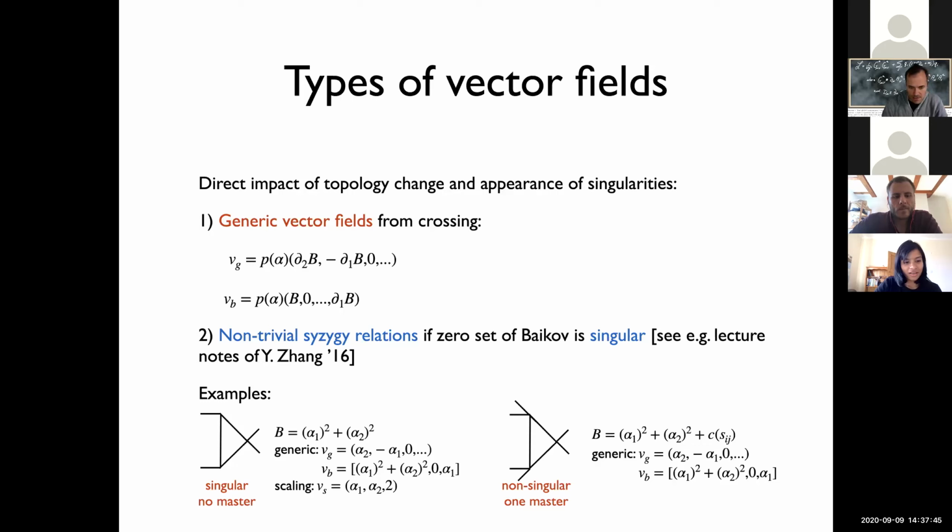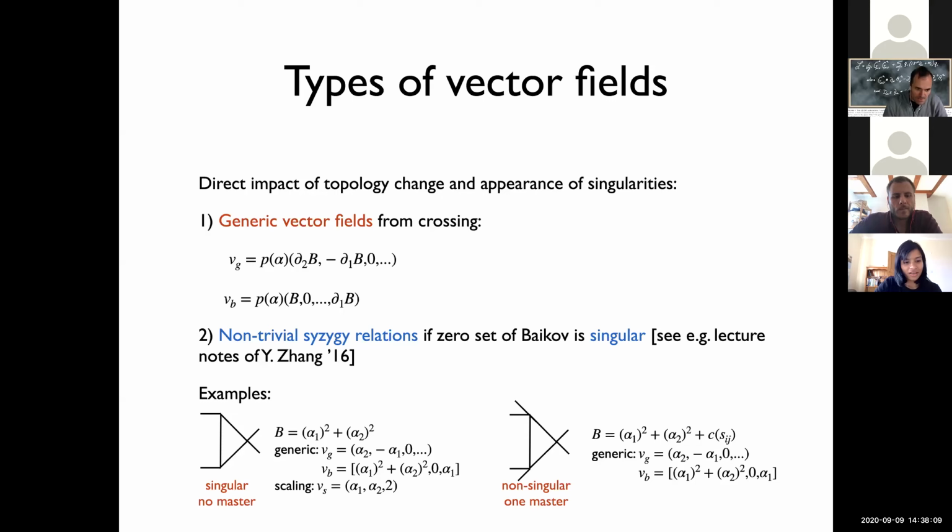And you can always find them no matter what the form of the Baikov is. And then if the Baikov surface is singular, you can find additional vectors, so non-trivial syzygies. So one sees that whenever you have a singularity, something new is kicking in.